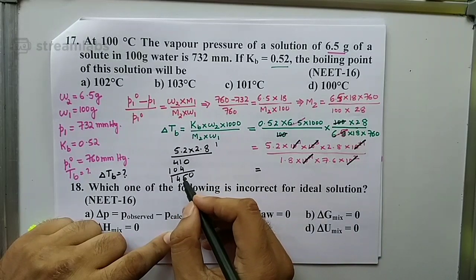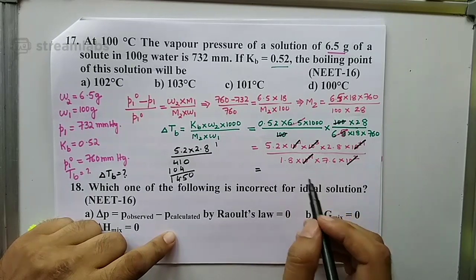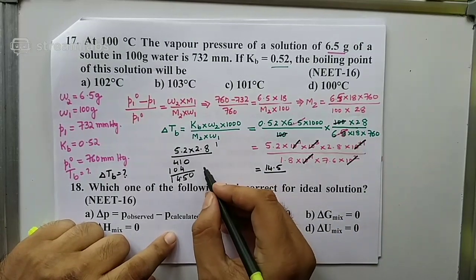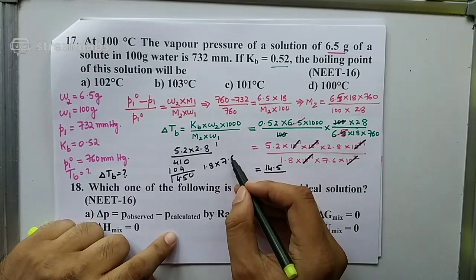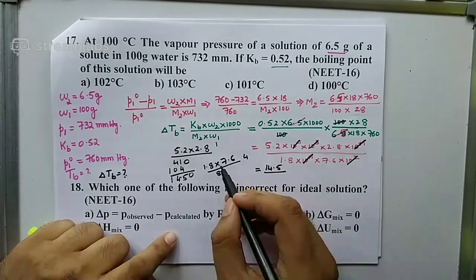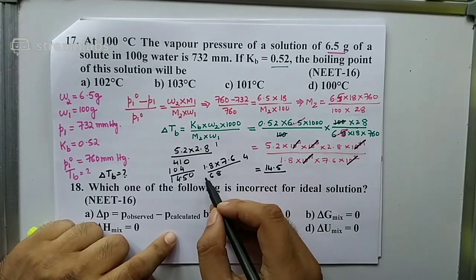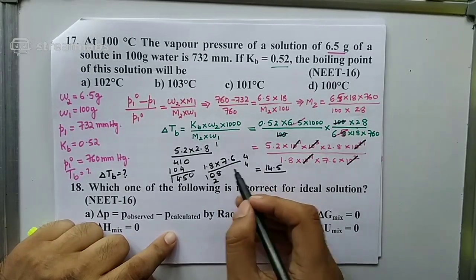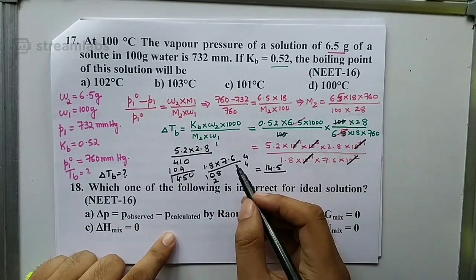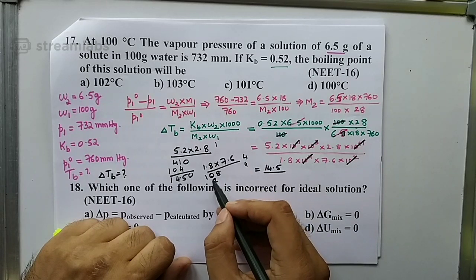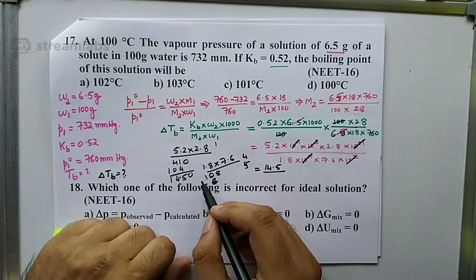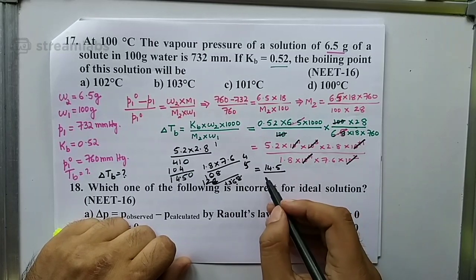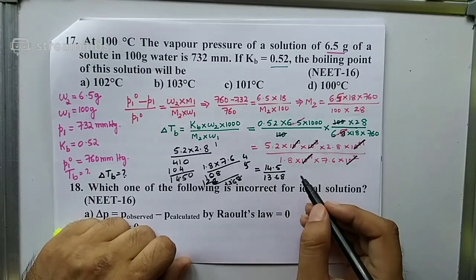So 5.2 into 2.8 comes out to be 14.5, divided by 1.8 into 7.6, which is 13.68.